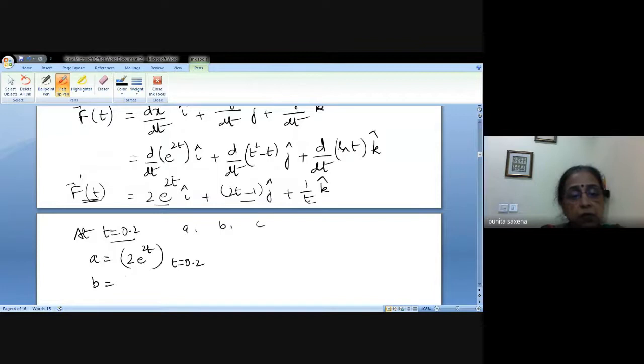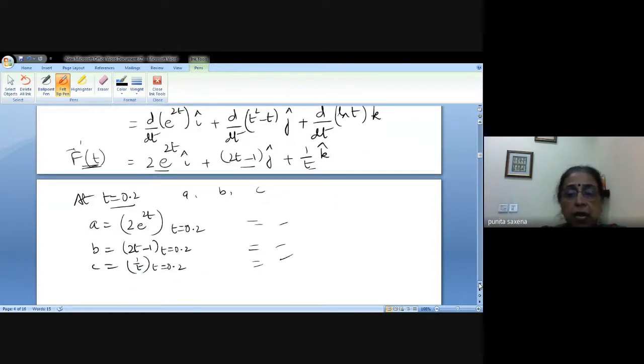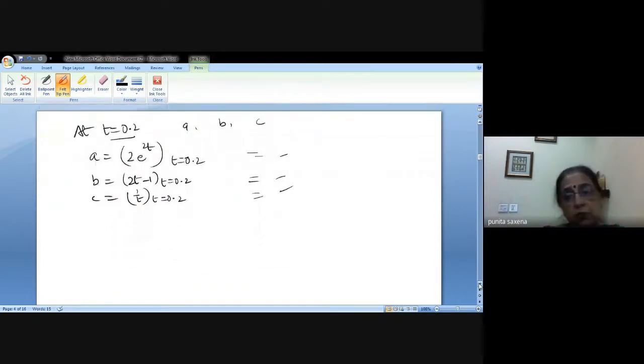Similarly, your b will be 2t minus 1 when t is 0.2, and your c will be 1/t when t is 0.2. So you will have these values. You can compute them. Once you have them, then you can write the equation of the tangent vector also.